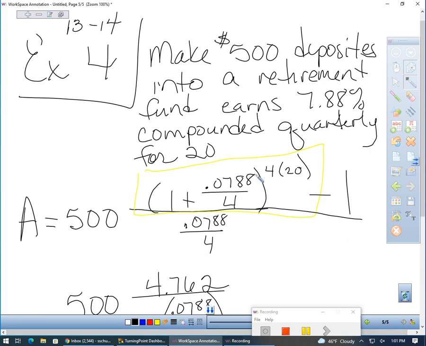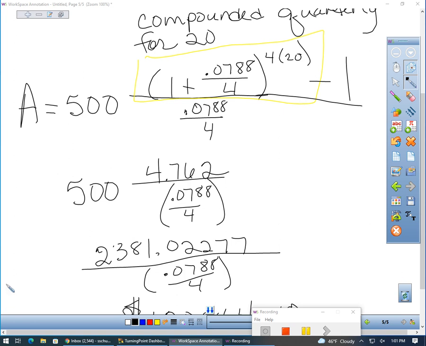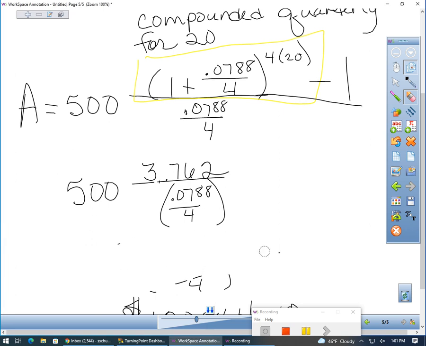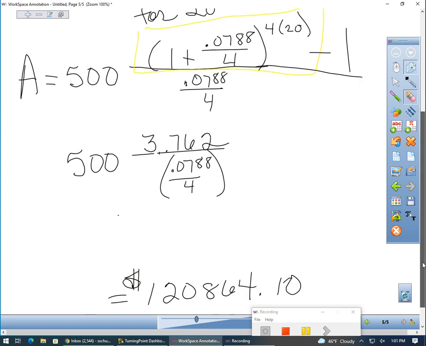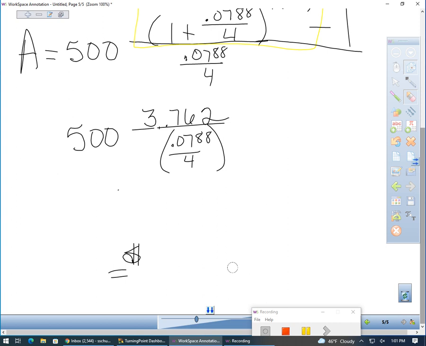Okay, so when I plug this in, it's going to change it a little bit. Let's fix it. So on top, when I calculate this and subtract 1, this is going to change this a little bit. I knew something was wrong. All right, so now let's see what we get. I apologize for that mistake.